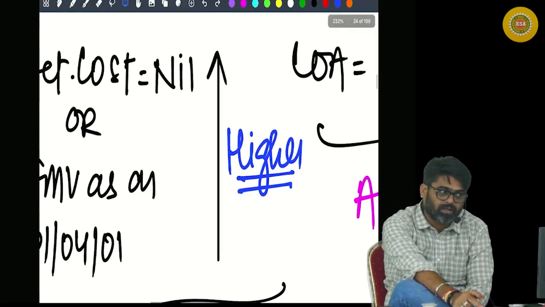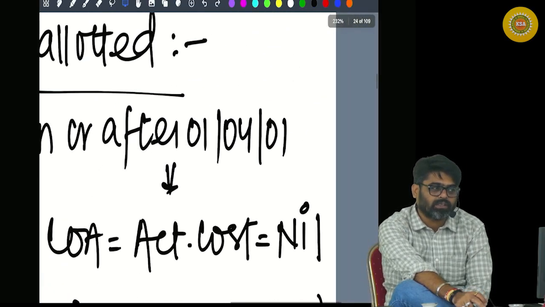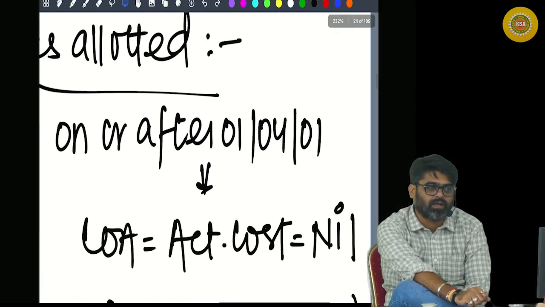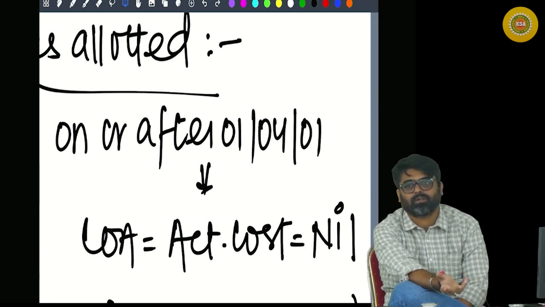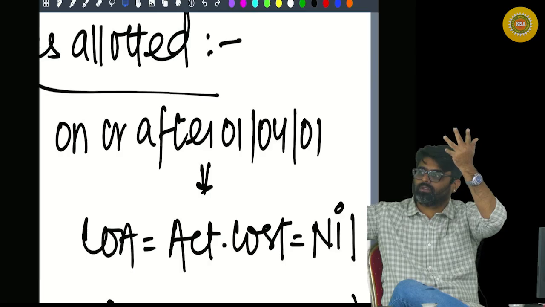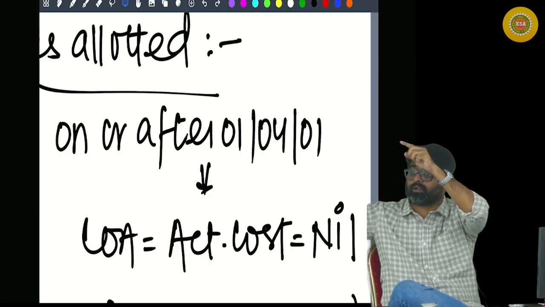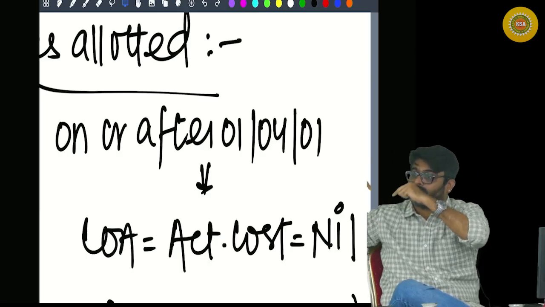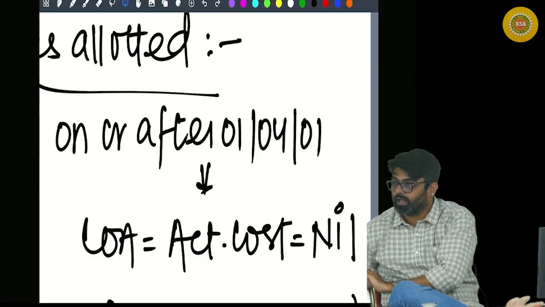But if the bonus shares are acquired on or after that date, what will be the cost of acquisition? For all assets, it is actual cost. So for the shares acquired, it is actual cost. For the bonus shares, it is actual cost.